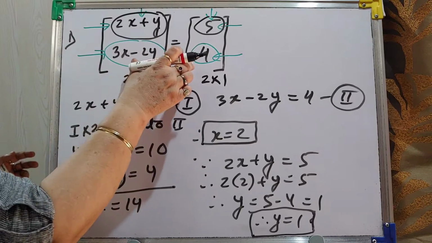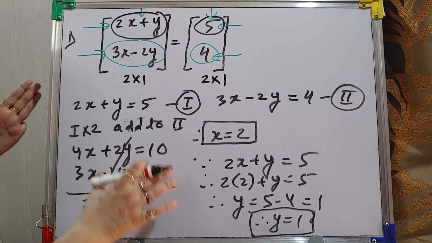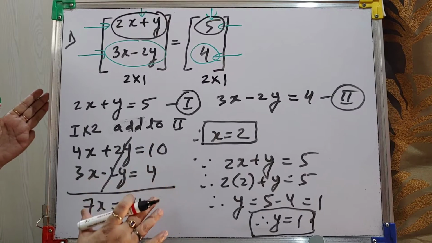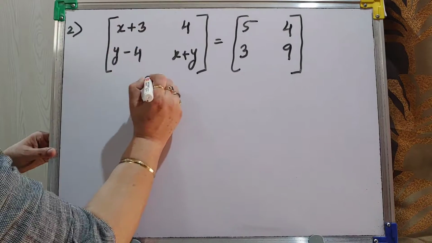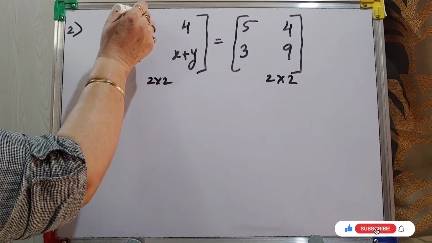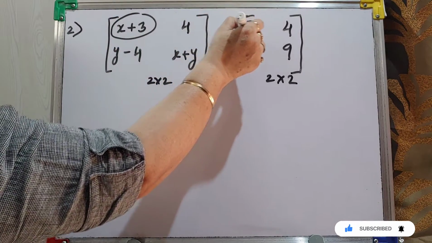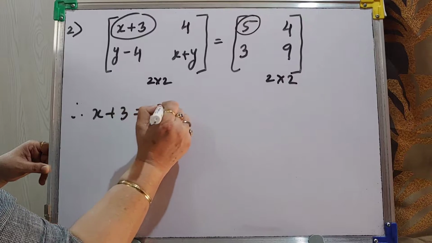So when two matrices are equal, and the order is the same, you can solve in this way and find the values of the variables. Students, let's solve this sum. Here the order is 2 by 2, and here it is also 2 by 2. So this element will be equal to this element. So x plus 3 equals 5.